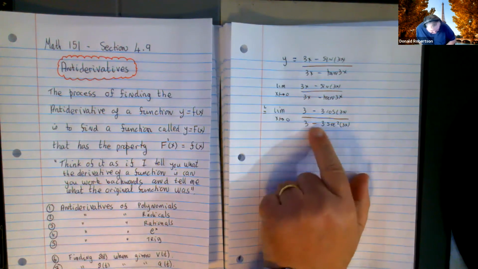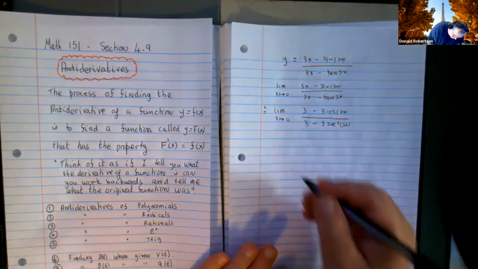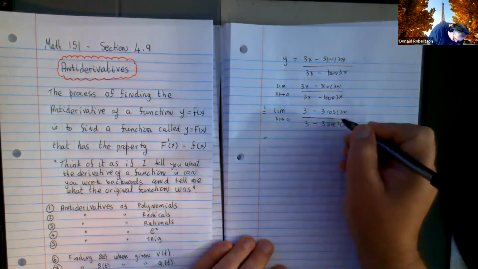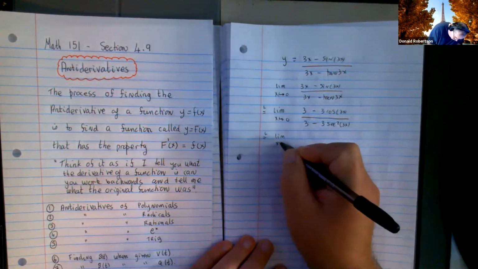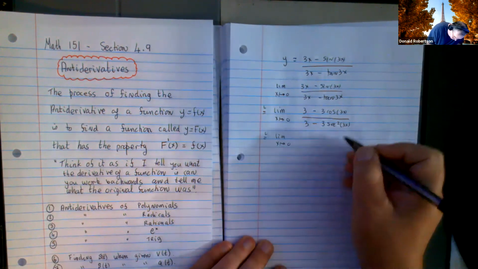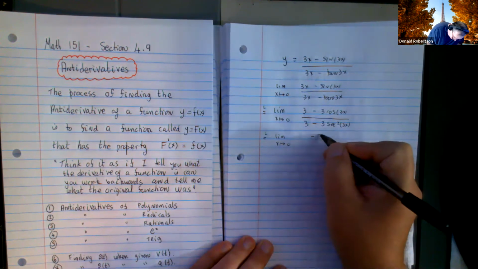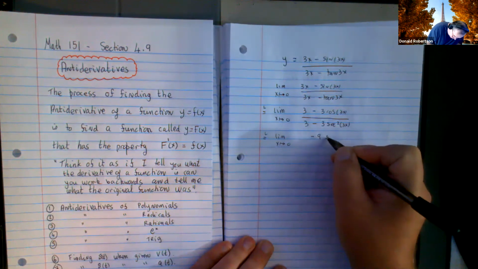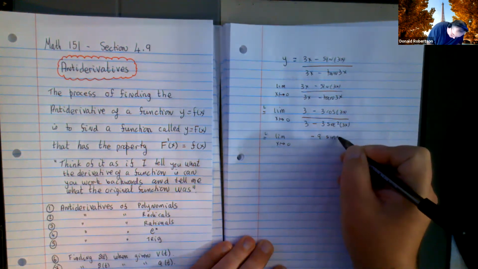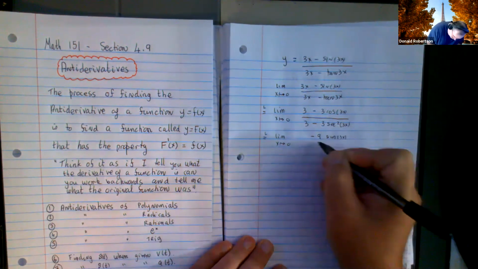If you plug in 0, yep, it's still 0. I might come back to that, but let me try L'Hopital again. If I do L'Hopital one more time, this fella becomes -9, because you get an extra 3. And you get a sine of 3x, and it becomes positive.